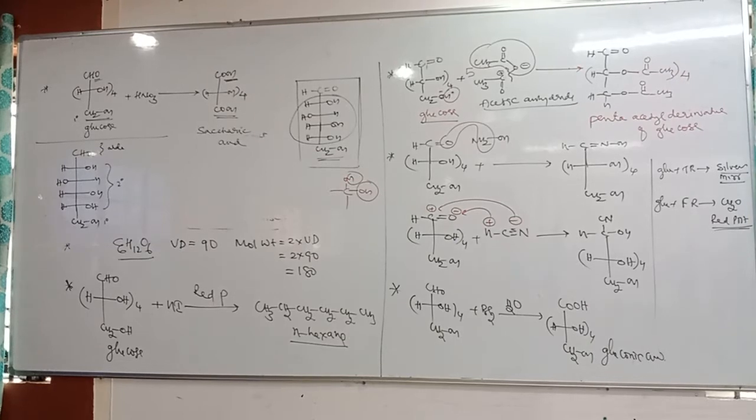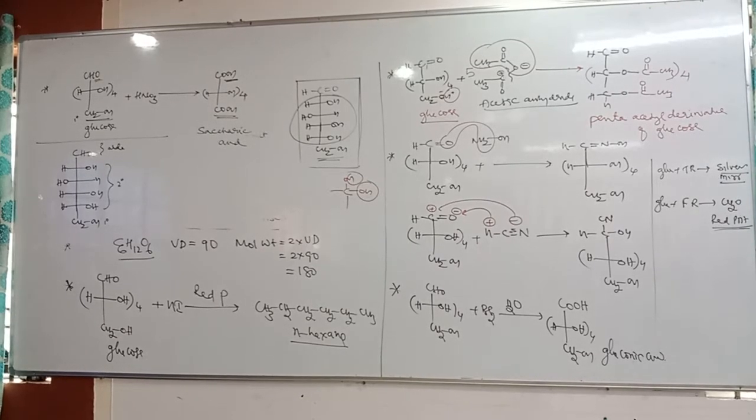Next, second point. Glucose undergoes reduction in the presence of HI and red phosphorus to form n-hexane.